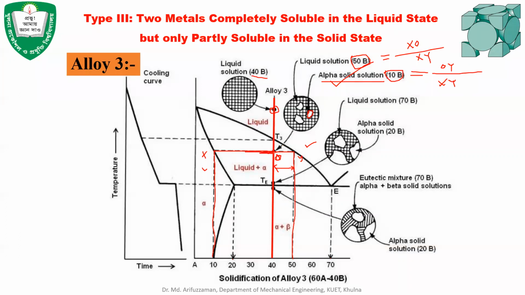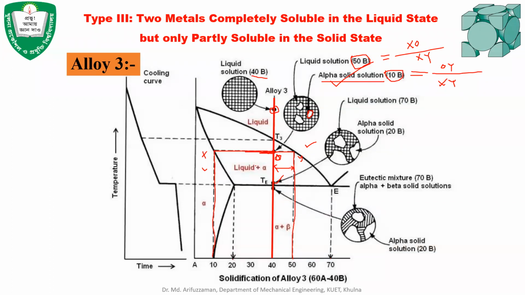Now again, when the temperature drops, solidification continues, and the crystals will have both A and B in them. So the amount of solid will increase up to this point. When you go to the eutectic temperature line, there will be some liquid and some solid. The solid percentage will be more, and the solid will also have more B in it.